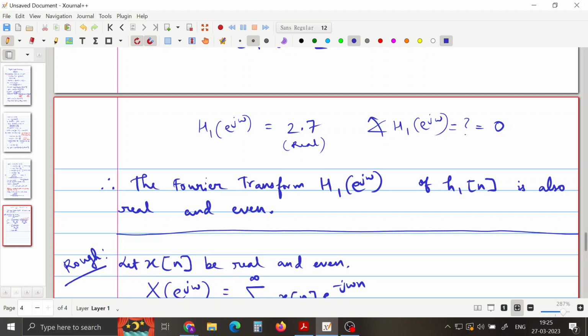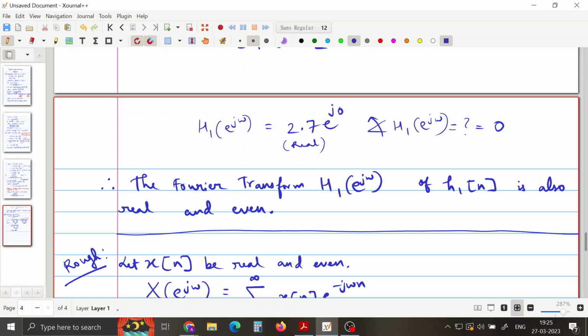The phase of a real number is 0, because you can also write 2.7 as 2.7 times e power j theta with theta as 0. So the phase will be 0 for any real number.